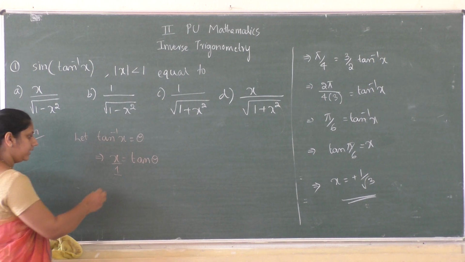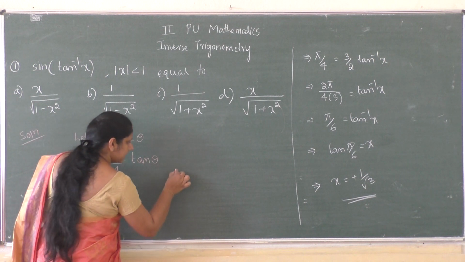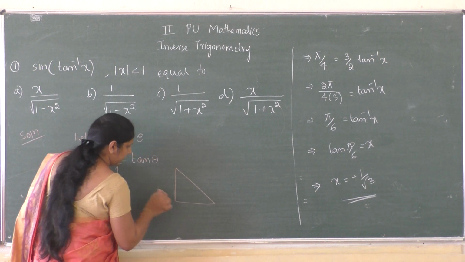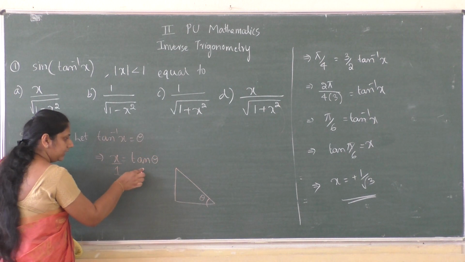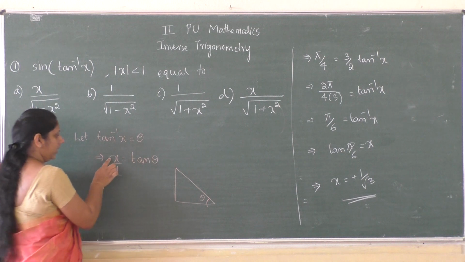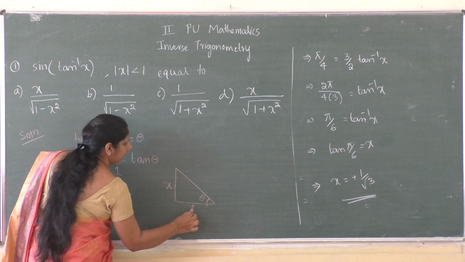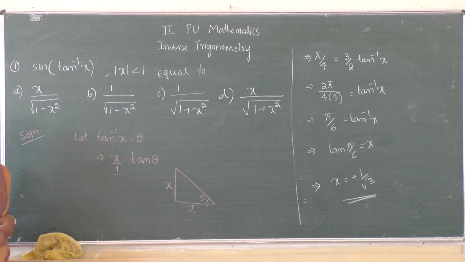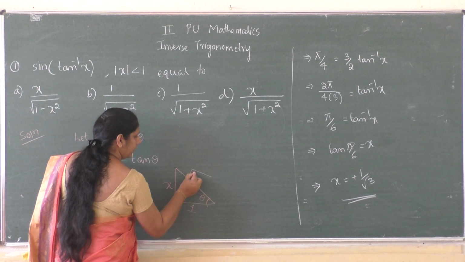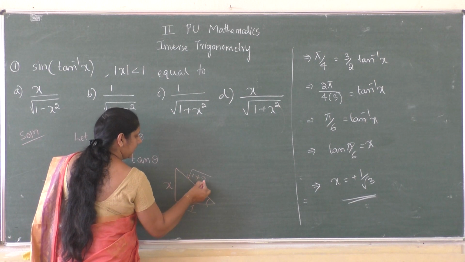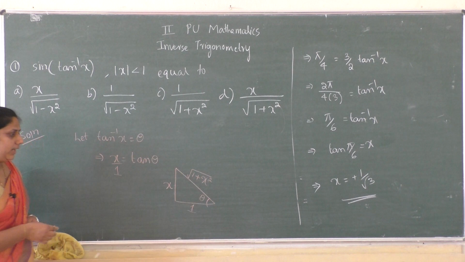You can write like this, right? x by 1 equal to tan theta. Now I will consider the triangle with this angle as theta. If tan theta equals x by 1, here x means it is the opposite side and 1 is the adjacent side, right? Then what is the hypotenuse? It is root of 1 square plus x square, that is root of 1 plus x square, right?